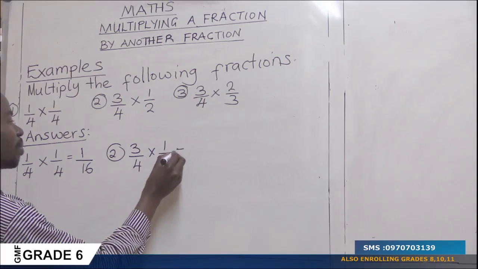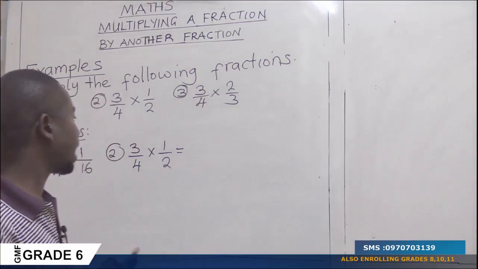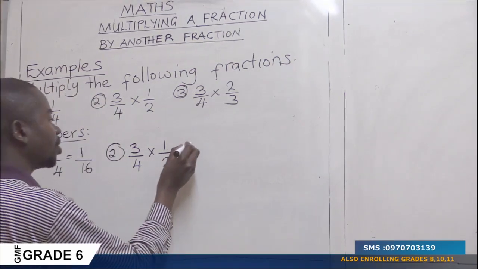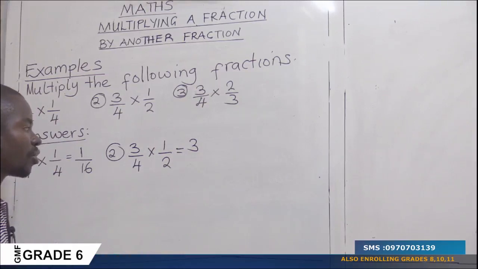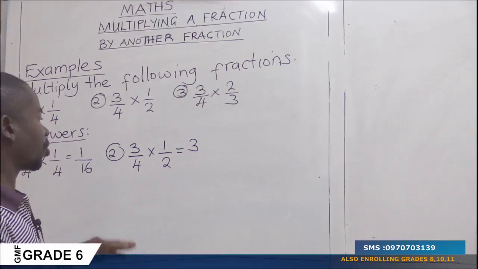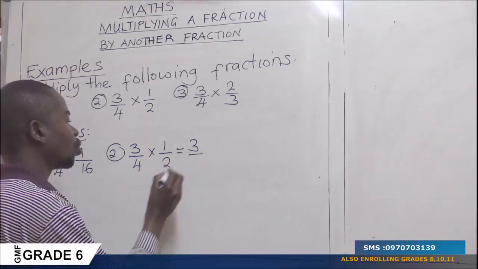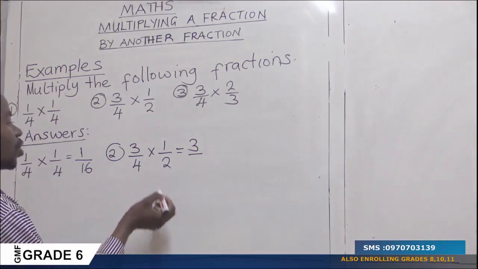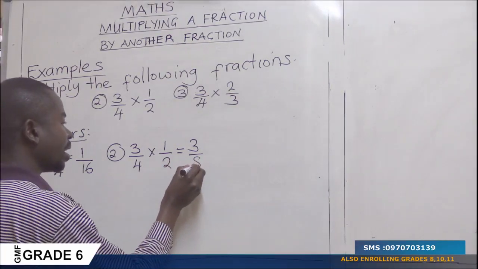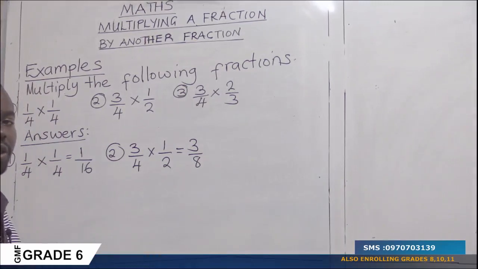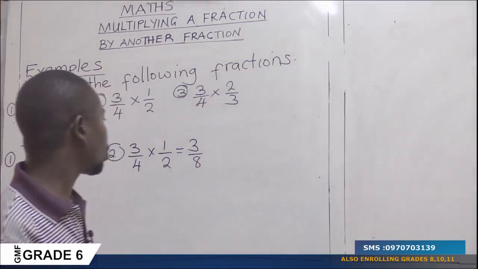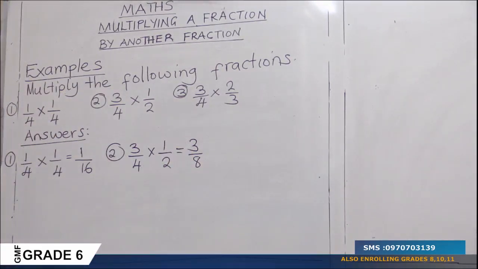What is 3 times 1, boys and girls? 3 times 1, the answer is 3. What is 4 times 2, boys and girls? 4 times 2, the answer is 8. So our answer is 3 over 8.